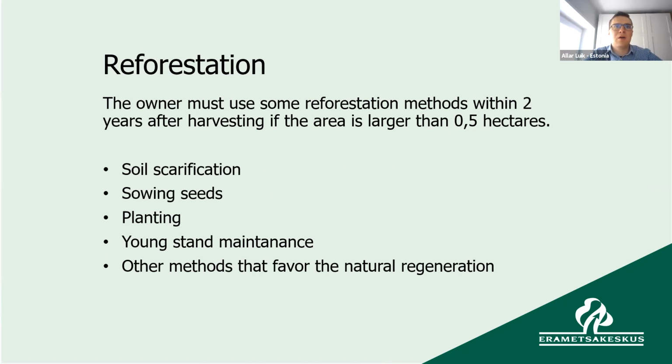And I think it's important to notice that this last line, other methods that favor the natural regeneration, is often used: just trees for the seeds are left and maybe some soil scarification is done. And in Estonia, actually quite often, this is also a good solution to get the new forest growing.